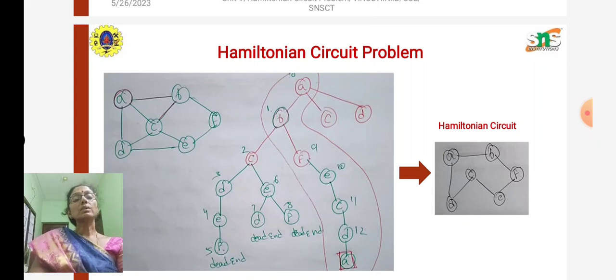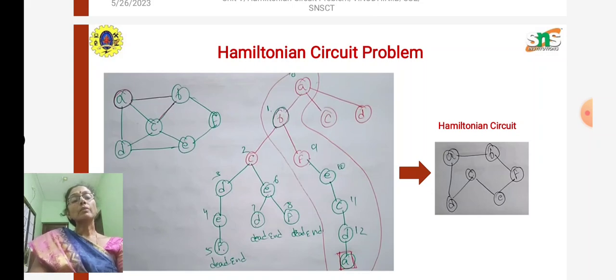Of D and E, first go to D. Next find the adjacent of D. The adjacent of D is E. The adjacent of E is F. Finally we visit all the nodes and it ends with F, but there is no edge between F and A, so that is called a dead end.